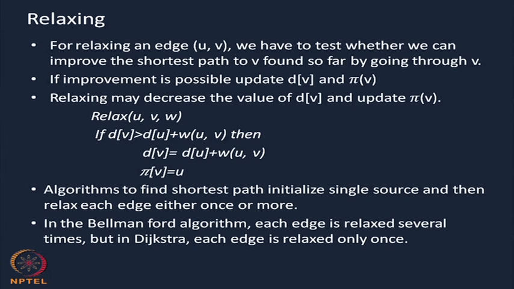This is basically done by this small algorithm. If you see the relax(u, v, w), this is the algorithm. If d of v is greater than d of u plus w of u v, then d of v will be equal to the smaller value, that is d of u plus w of u v, and your pi v will be equal to u.